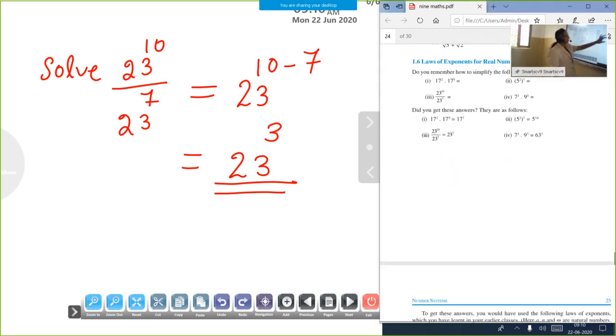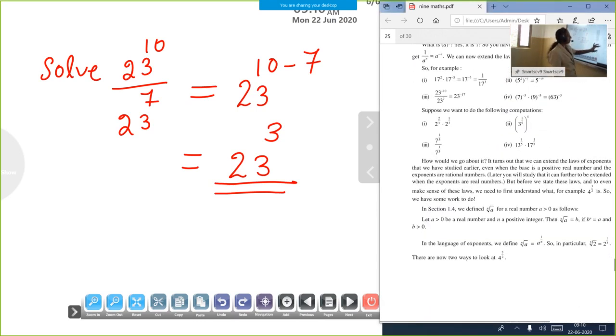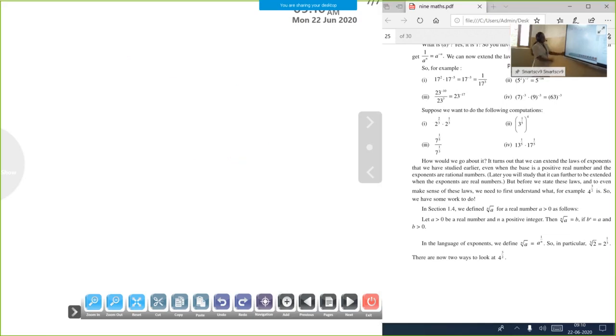One more question. 7 raised to 1 by 5 divided by 7 raised to 1 by 3.